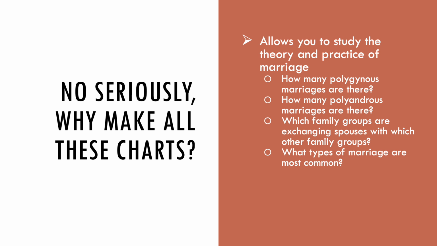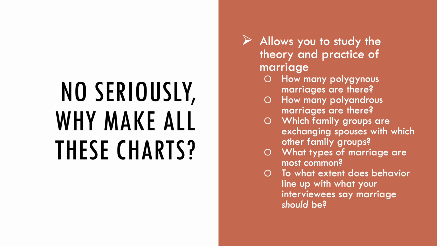You could answer, if you took genealogies from everybody you encountered, what types of marriages are most common? And you can also answer this really practical question, which is to what extent does behavior line up with what your interviewees say marriage should be?